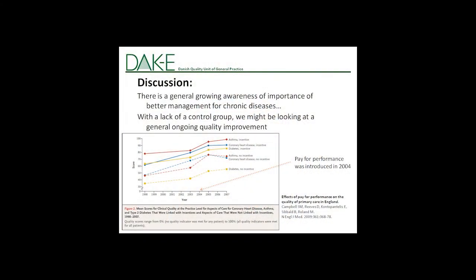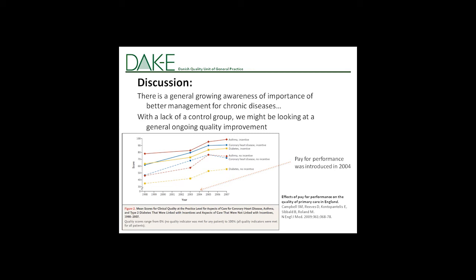One problem is that it might just be a general growing awareness of importance. We don't have a control group. So that's why I included this very nice slide from Campbell.